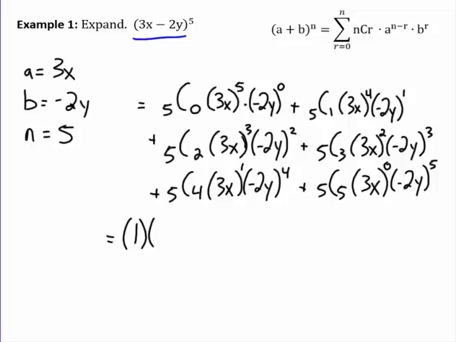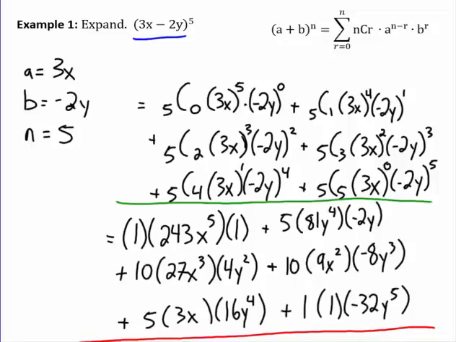So 3 to the 5th is 243, and x to the 5th would just be x to the 5, multiplied by negative 2y to the 0. Just to be clear, I'm going to put that in as 1. See if you can pause the video and figure out the rest of those values.